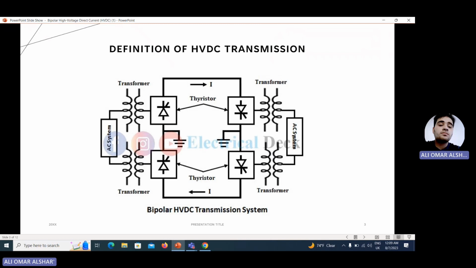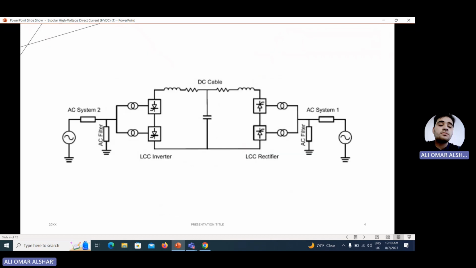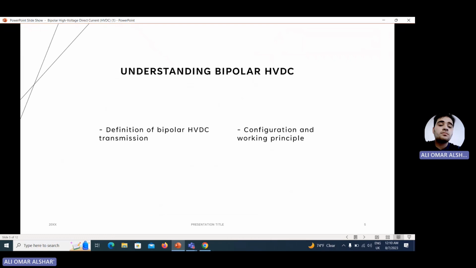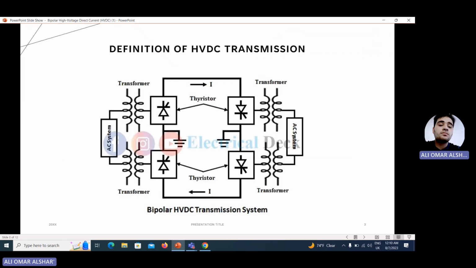That's the meaning of bipolar, because we are using two poles to transmit the power between the systems. And the configuration and the working principle are also about transmitting the power by two cables.